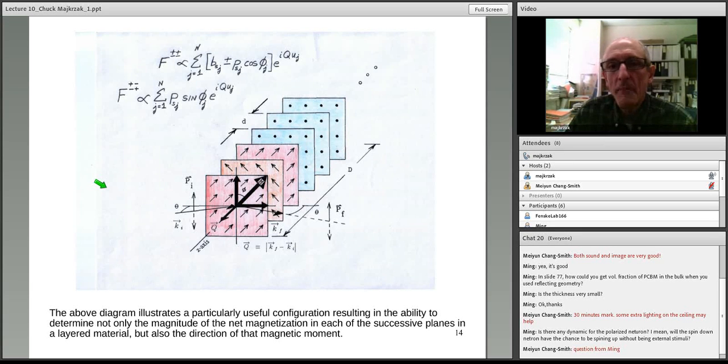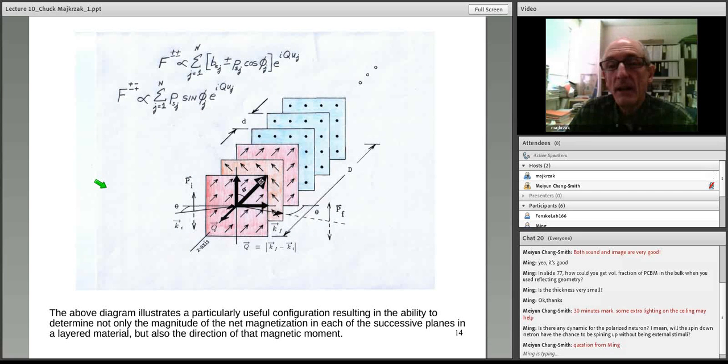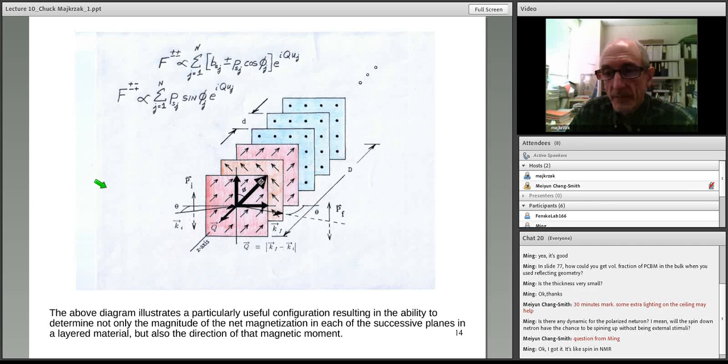There is no magnetic interaction, so the neutron is really in an undetermined state. So the only way that we can distinguish whether we have spin up or spin down or some other intermediate state is to have the neutron in some magnetic field. Yes, very good, Ming, like spin in NMR.